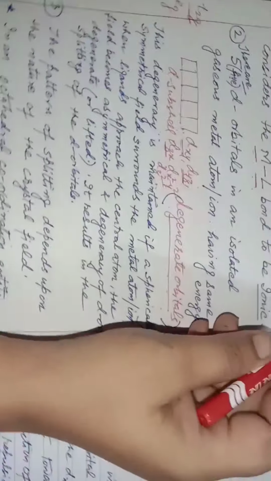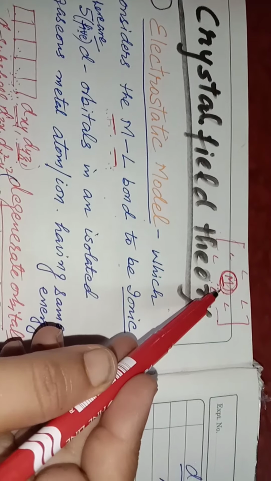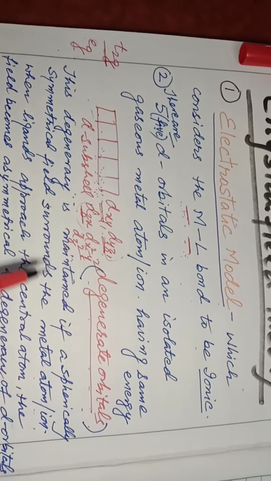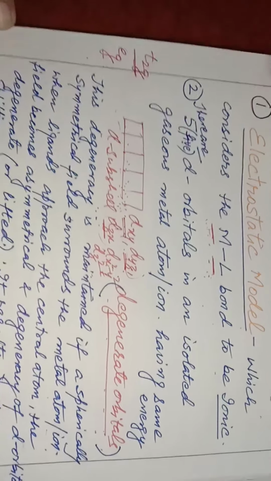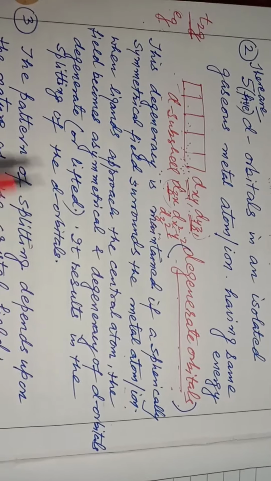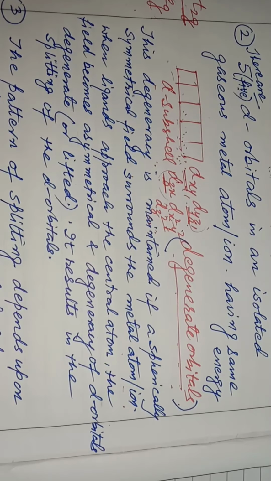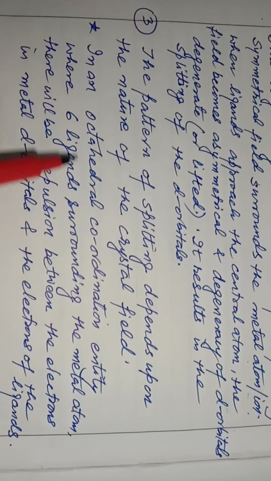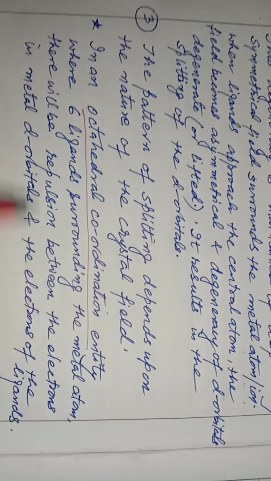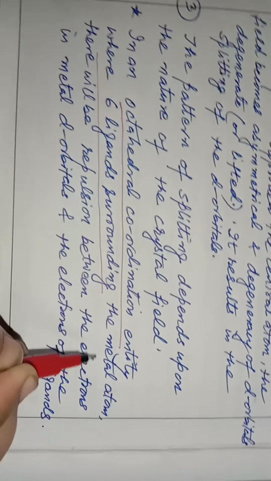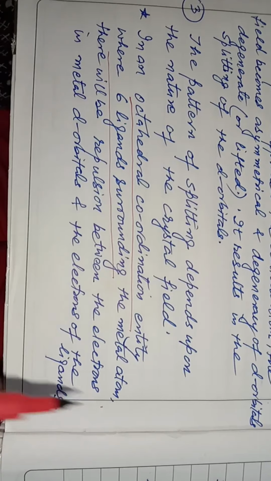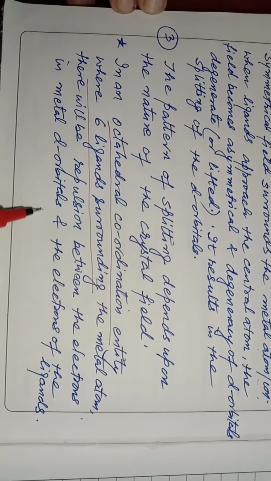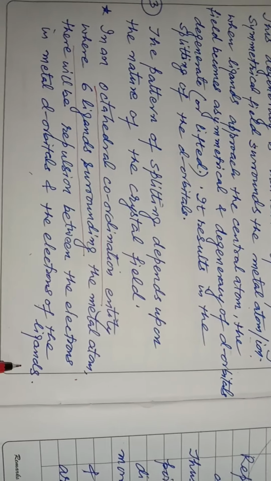So when the ligands approach the central metal atom, the d orbitals split, and the pattern of splitting depends upon the nature of the crystal field. If we are talking about an octahedral coordination entity, octahedral coordination entity means when 6 ligands surround the central metal atom, there will be a repulsion between the electrons in the metal d orbitals and the electrons of the ligands.